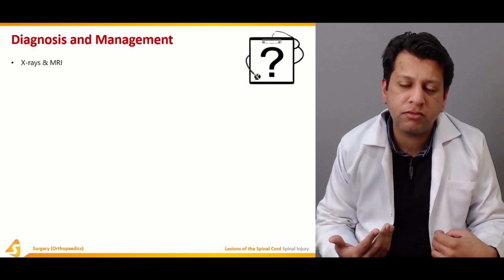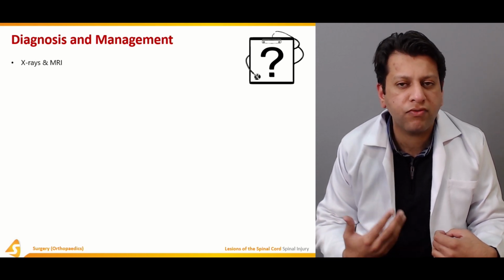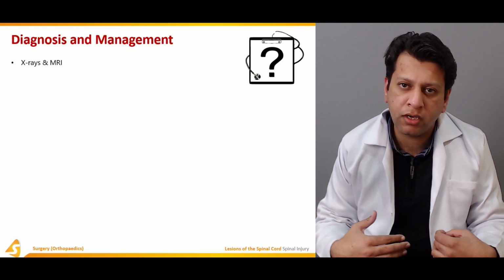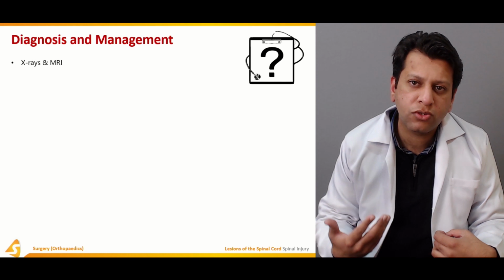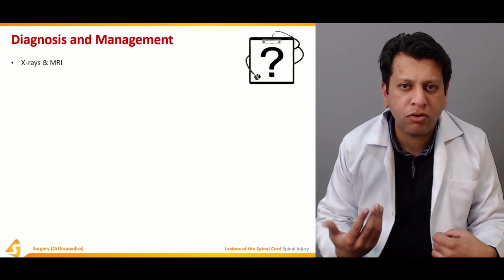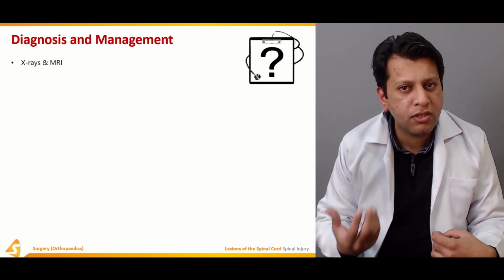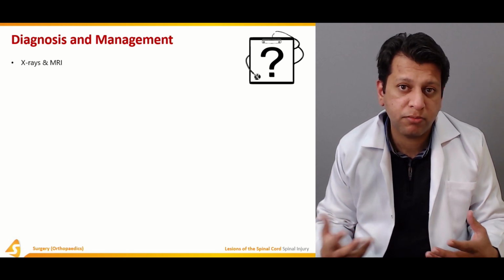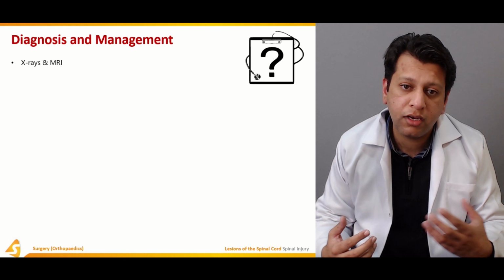X-rays could be good in acute settings, where dislocations and fractures can be easily picked up. But it is not always associated with some kind of fracture. Sometimes there could be only ligamentous injury, or only cord compression without any evidence of problems on the X-rays. Then you need an MRI.